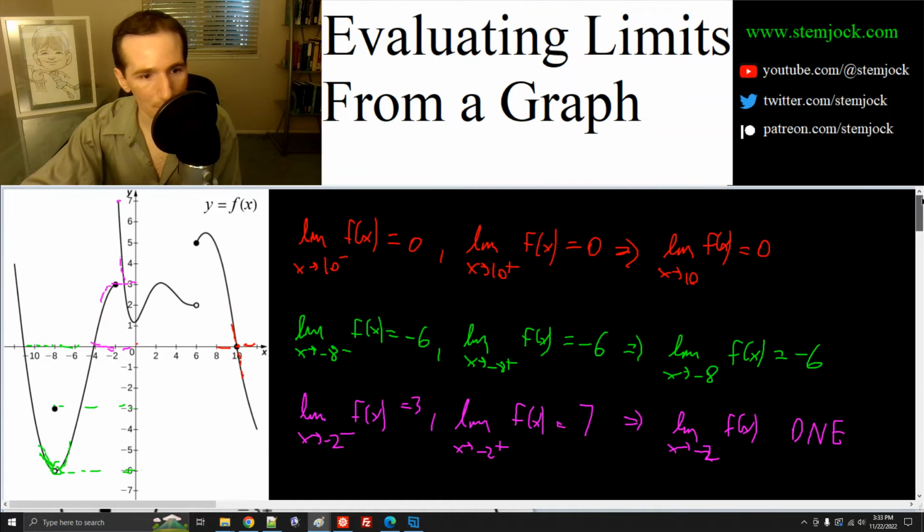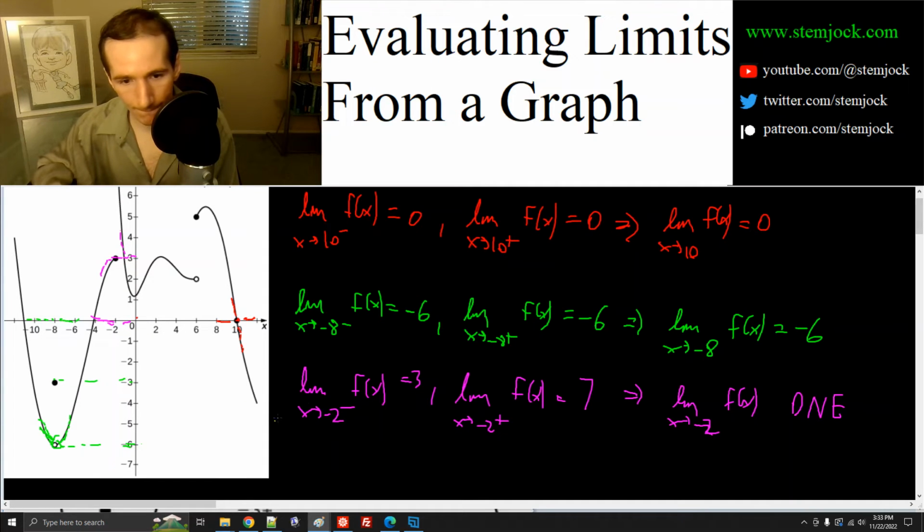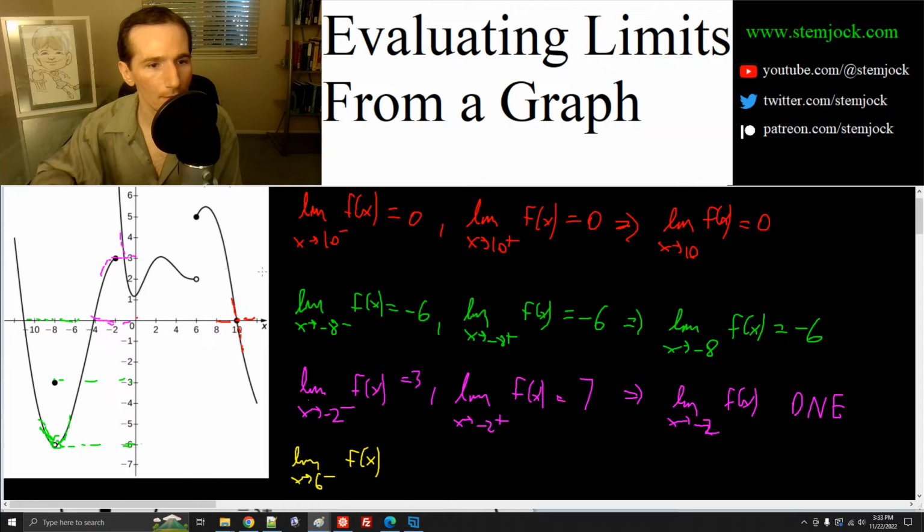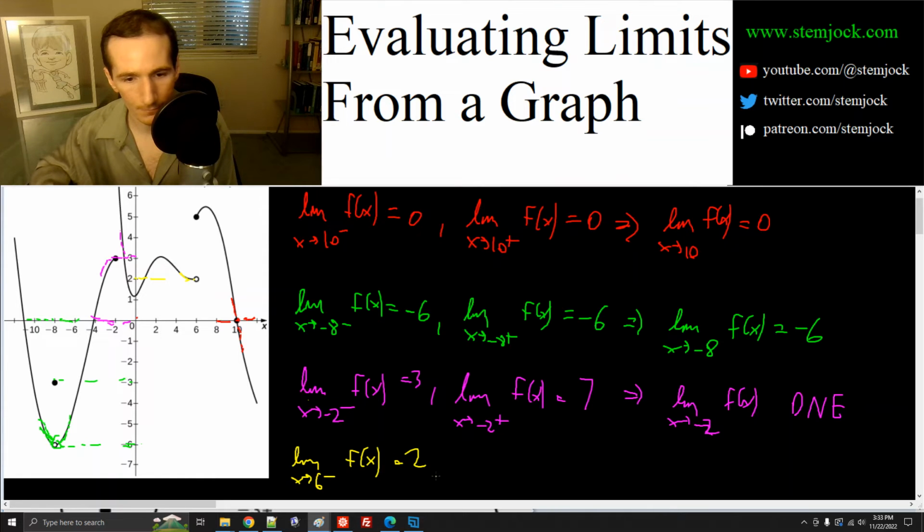Let's see, what else can we look at? Let's have a look at x approaches +6. Limit as x approaches +6 from the left. Let's start with that first. The y value of the function as x approaches 6 looks to be about +2. And we can look at the same thing from the right.